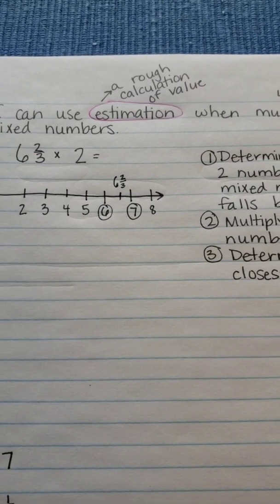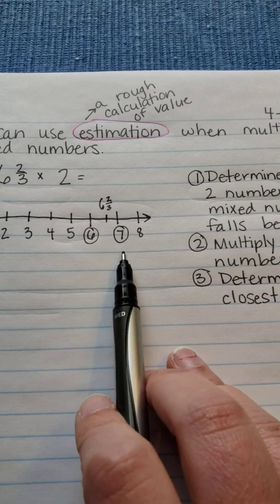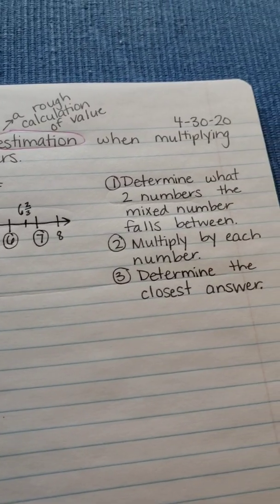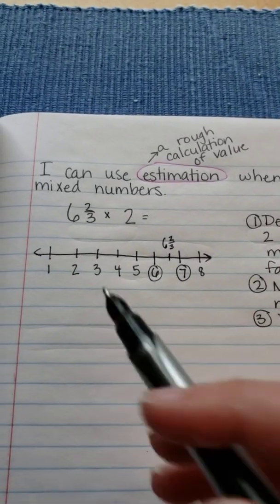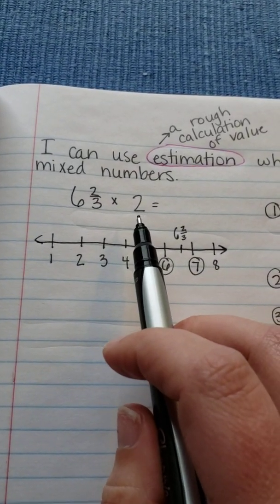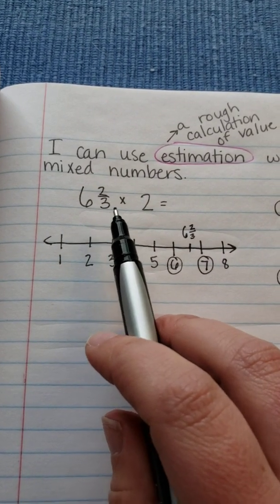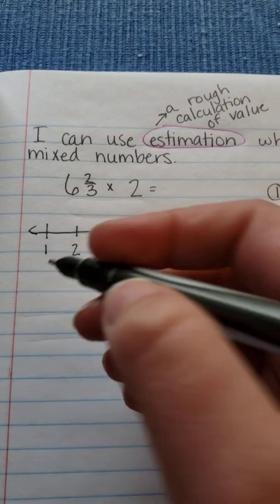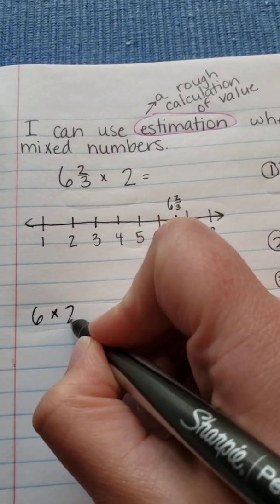So if I look at 6 2/3 here, I notice that it falls somewhere in between 6 wholes and 7 wholes. Then the next step is going to be multiply by each number. Okay, so I'm going to get the number that I'm multiplying by right from my equation. So it's 6 2/3 times 2. So I'm going to show 6 wholes times 2.